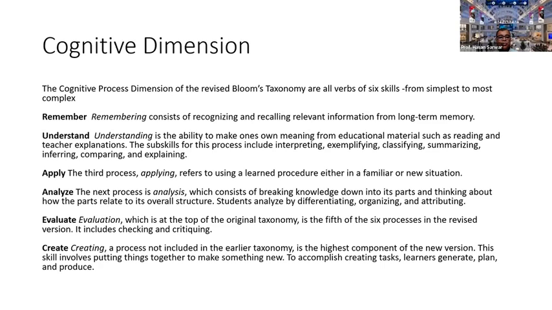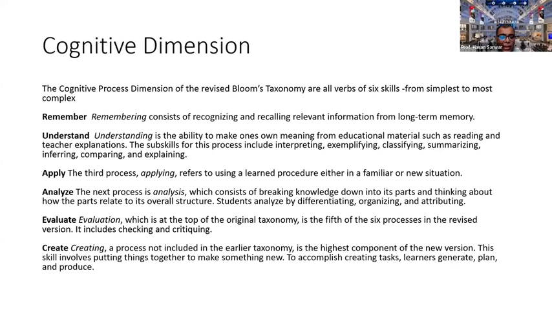And analyze is the next process, where it consists of breaking knowledge down into parts and thinking about how the parts relate to its overall structure. Students analyze by differentiating, organizing, and attributing. There are many explanations and explorations of these words in different literatures and websites as well. Then comes evaluate, which was at the top of the original taxonomy, but it is now the 5th of the 6 processes in the revised version.